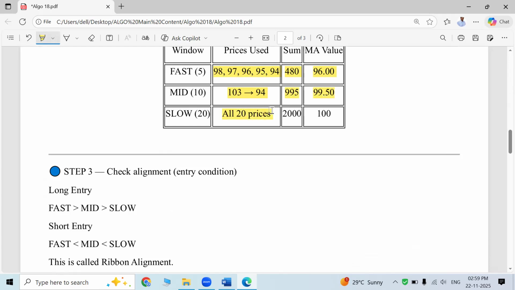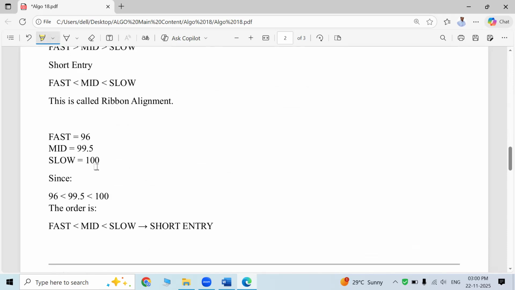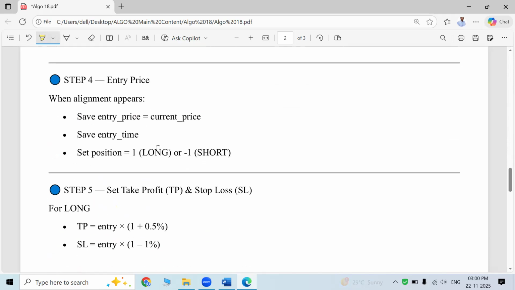Similarly, suppose we collected 20 prices from the market; the sum of these 20 prices is 2000, divided by 20 readings, and the average comes to 100. So in this case, fast is 96, mid is 99.5, and slow is 100. The fast is less than mid, less than slow, so it's a short entry for us. We take a short entry based on the ribbon alignment.